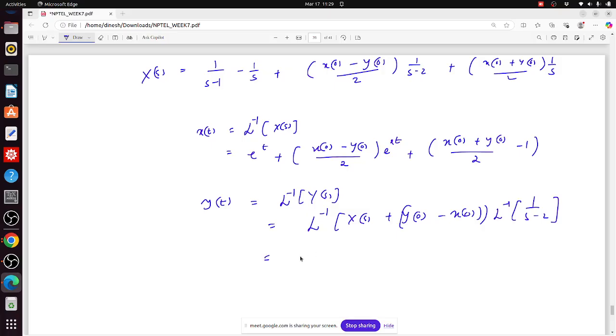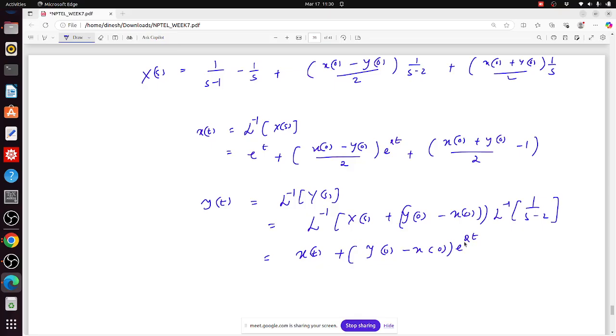So that is equal to x(t) plus (y(0) minus x(0)) into e power 2t.